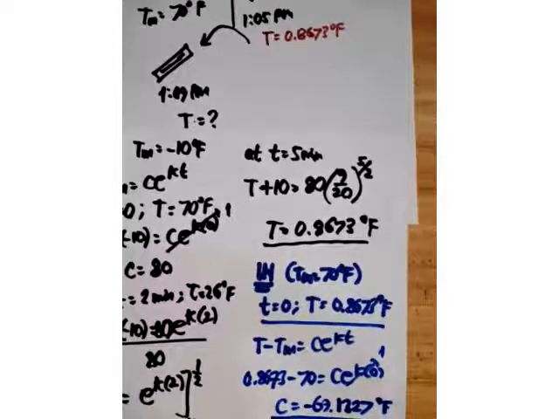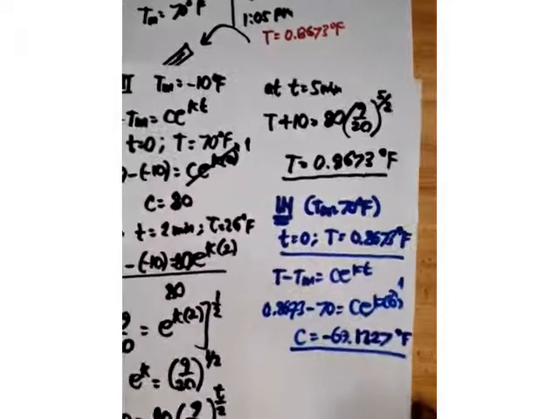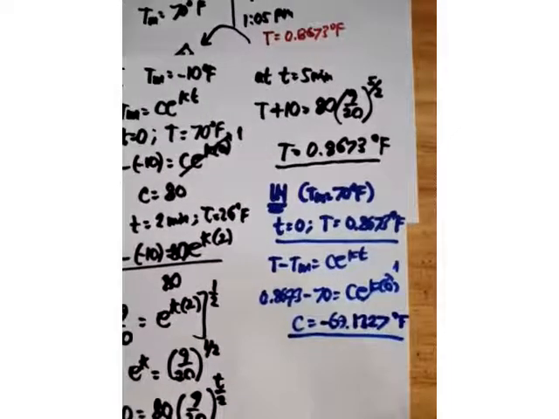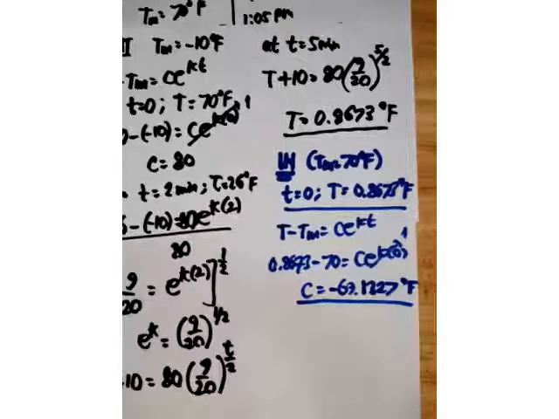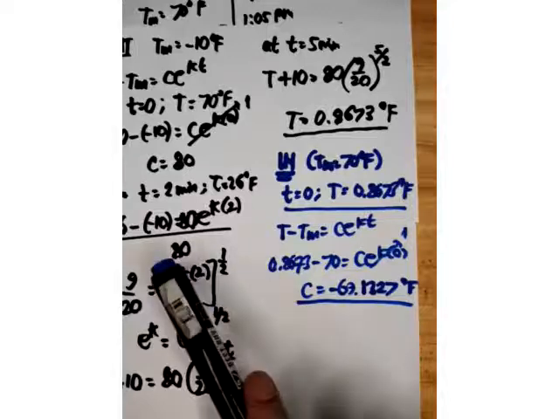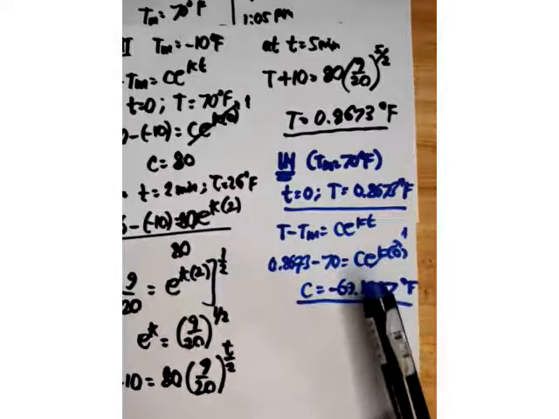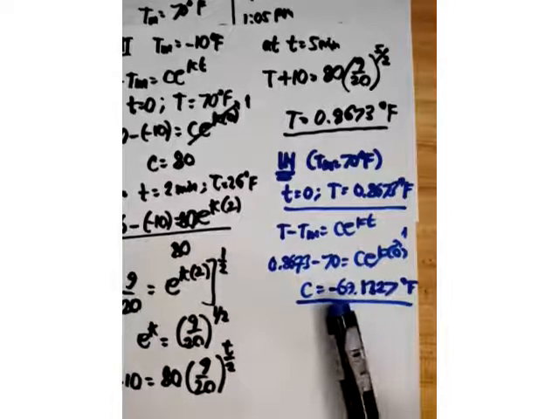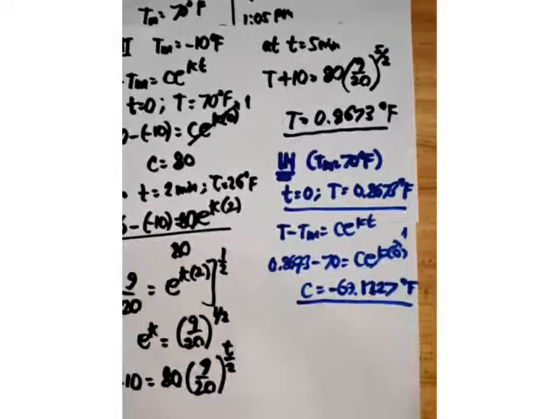Ang question lang naman dito ay, paano natin i-consider ngayon yung e raised to k? Yun yung problema, yung e raised to k. Okay, so yung e raised to k, class, tandaan nyo to, it's the same na e raised to k kanina dito sa ano natin. Kasi hindi naman nagbago yung object natin.